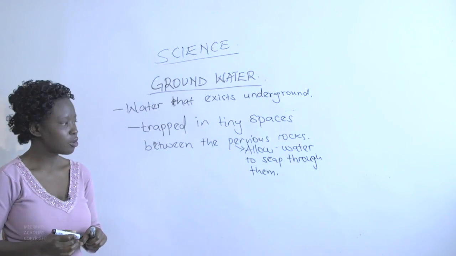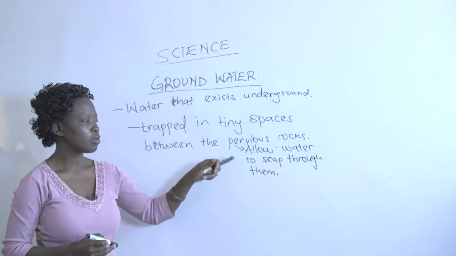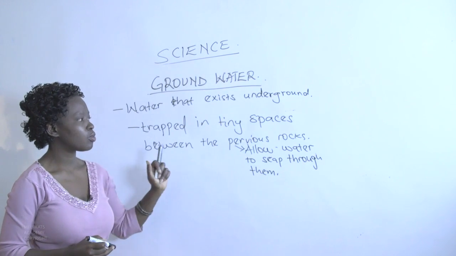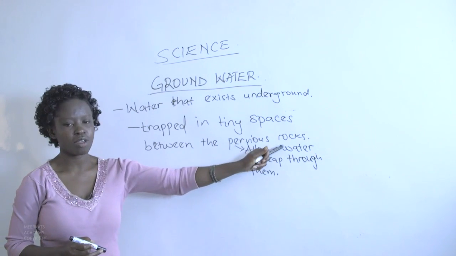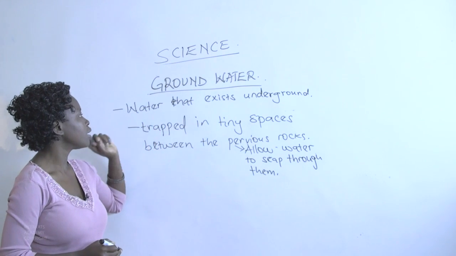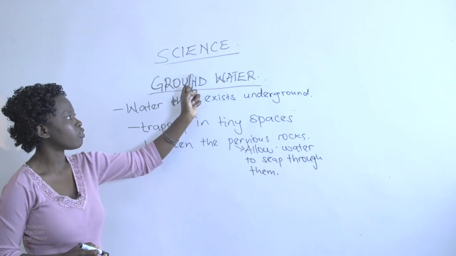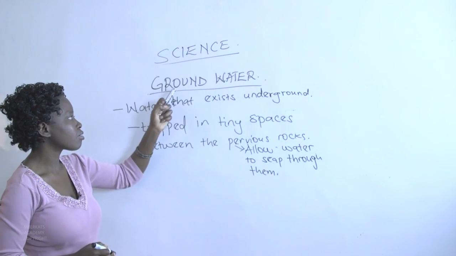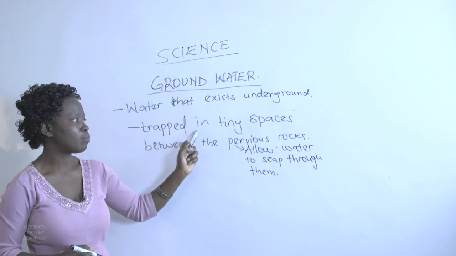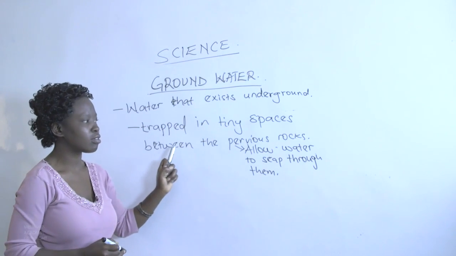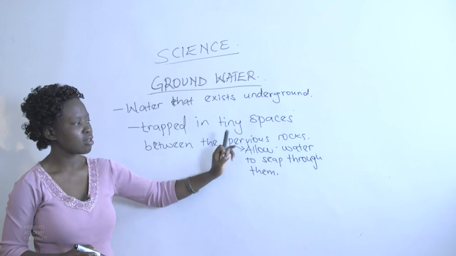So when you're having a rock that is allowing water to seep through them, then we are referring to that type of rock as pervious rocks. So we are having water existing underground being referred to as the groundwater. This groundwater is simply trapped in tiny spaces between the pervious rocks.